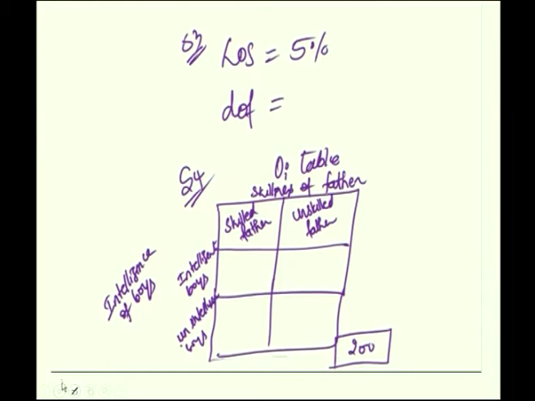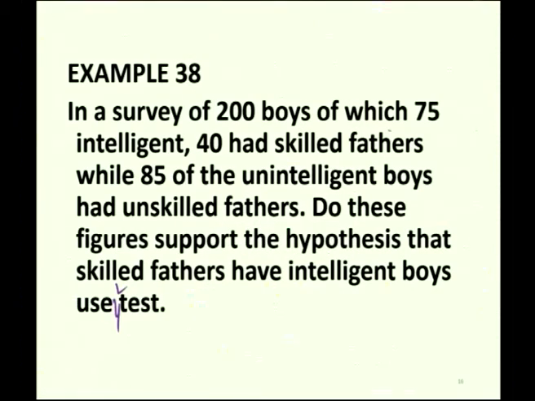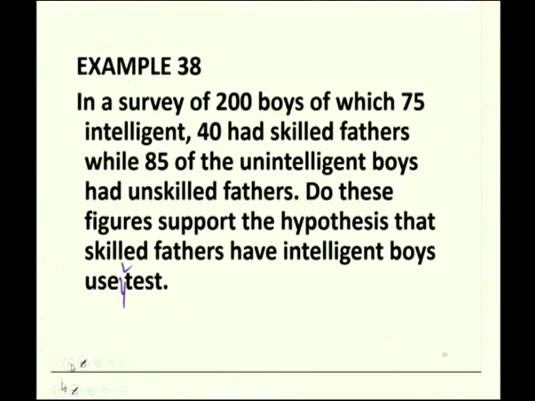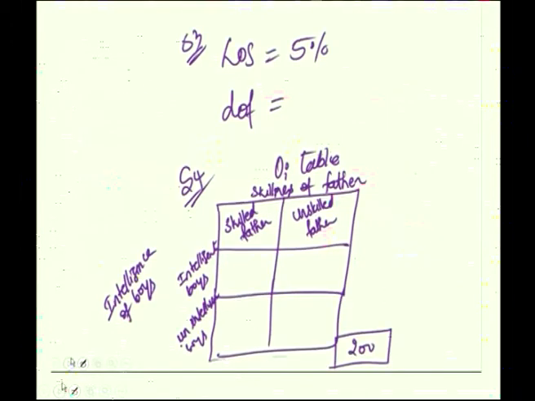Just look at the question now: 200 boys, of which 75 are intelligent, 40 had skilled fathers. 75 are intelligent, and among the intelligent boys 40 had skilled fathers. So, how will you extract this information? Write it in the table. There are totally 75 intelligent boys, whether they have skilled or unskilled fathers.